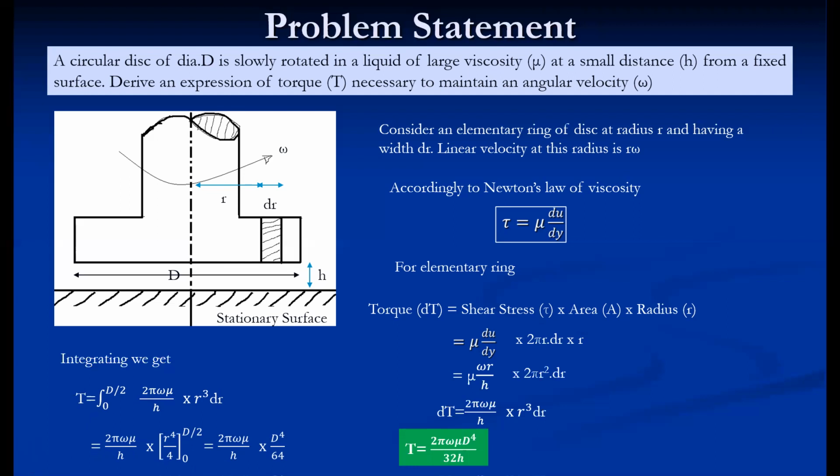So this is a unique example where the velocity doesn't remain constant. That's why we consider an elemental section, and in order to calculate the total torque, we integrate that. First we calculate the torque required for the elemental ring, and after that we calculate the torque required for the entire section by integration.